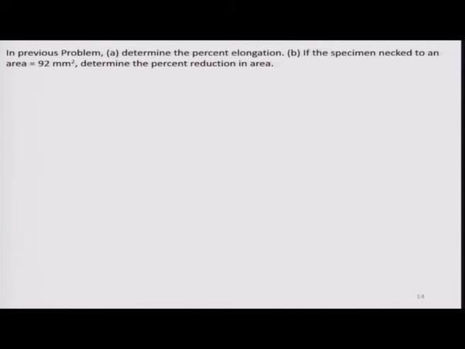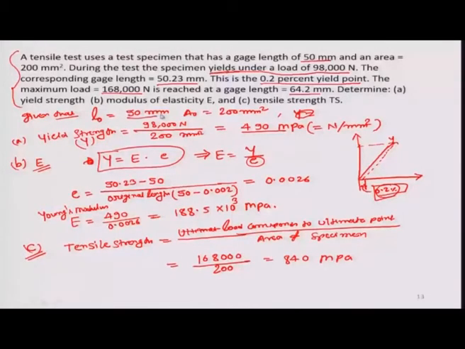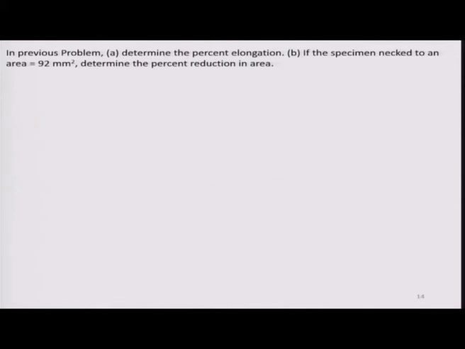In the next problem, again in the previous problem, determine the percent elongation, and if the specimen necks to an area of 92 mm square, determine the percent reduction in area. So we will use the same data, 50 mm gauge length, cross sectional area 200 mm square, and on the basis of that we will calculate percentage elongation. Percentage elongation is the length at fracture minus the initial gauge length, divided by L naught.